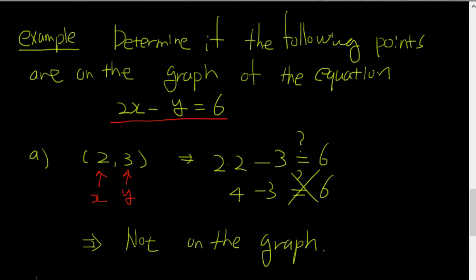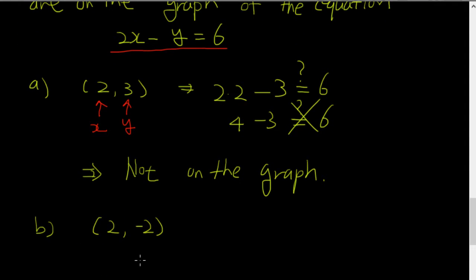So just replace x and y and see if the equal sign makes sense. If it does, that means it's on the graph. If not, then it's not on the graph. Let's talk about the next point, (2, negative 2). Again, this is the x value and this is the y value.